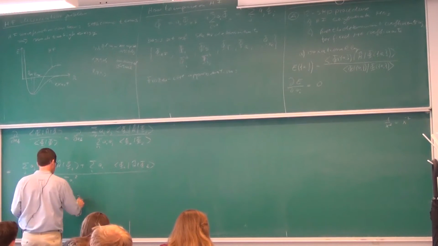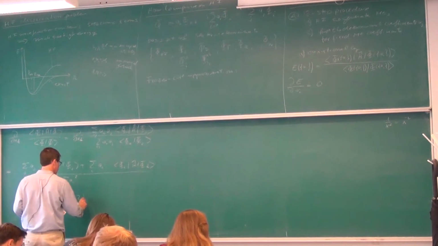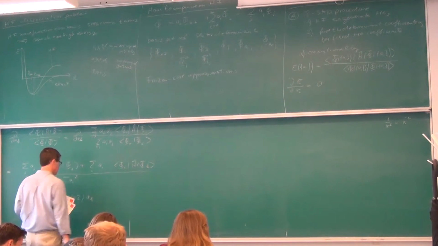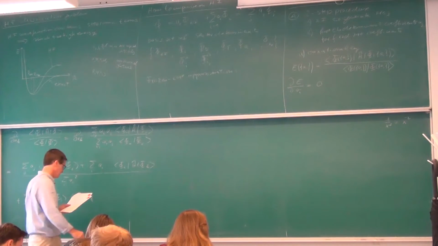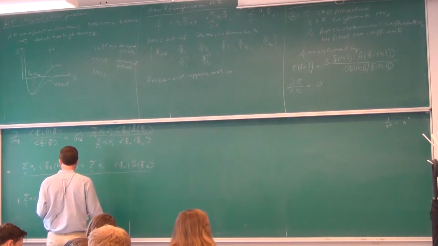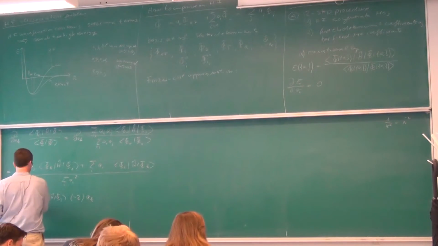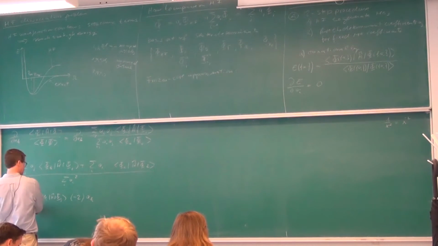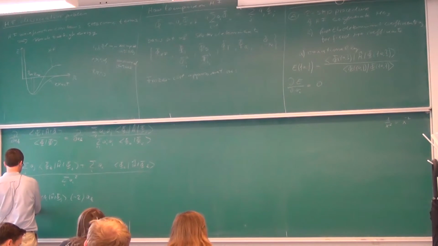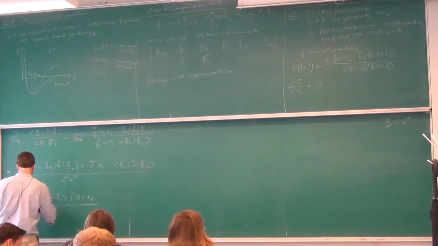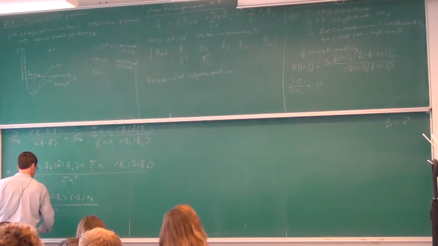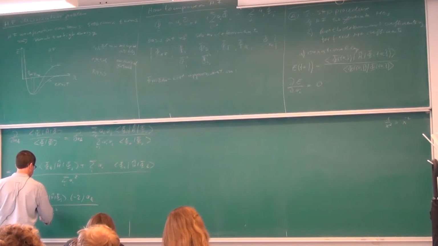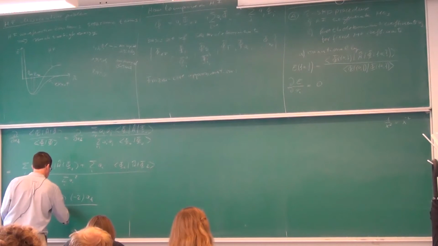So I get minus 2 times a_k, and then I should get the whole thing squared down there. So I get the sum over i of a_i squared, but I'd rather write that twice.